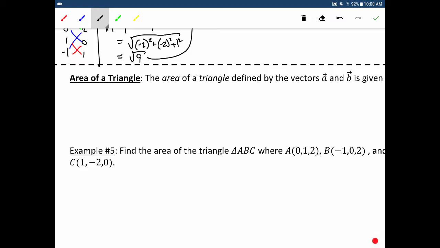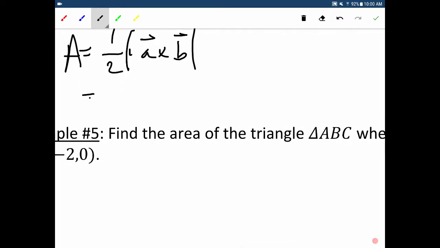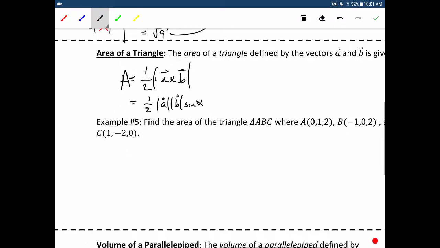So the area equals 1/2 of the magnitude of A cross B. Or alternatively, we can say 1/2 A times B sine alpha. Again, you just use whichever makes more sense given what you have.